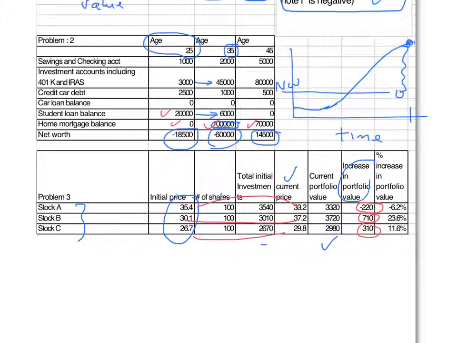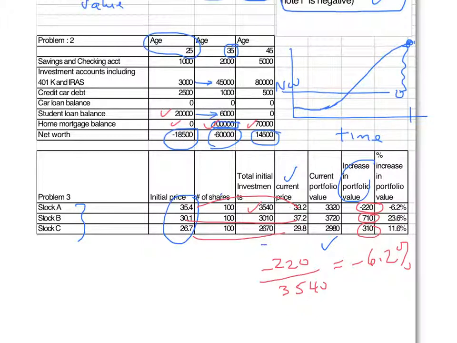To figure out the percent change, it is how much did we make or lose. So for example, the first one would be minus 220, and we started with 35.40, then the answer would come out to be minus 6.2%.